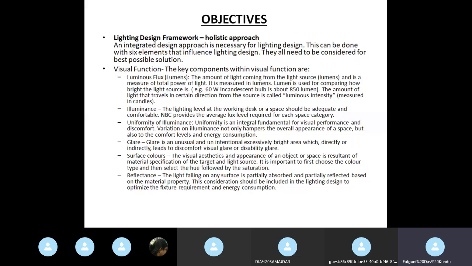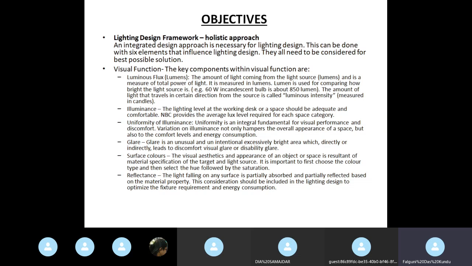Number 4 is glare. What is glare? We already discussed that glare is an unusual and unintentional excessively bright area which directly or indirectly leads to discomfort glare or disability glare. Now the colors. The visual aesthetics and the appearance of an object or space is the result of material specifications of the target and light source.